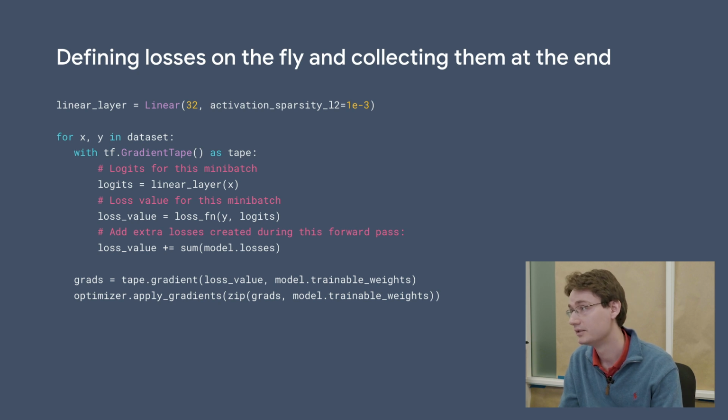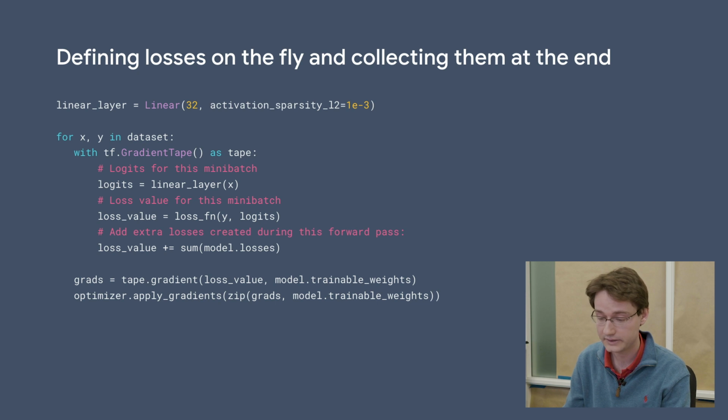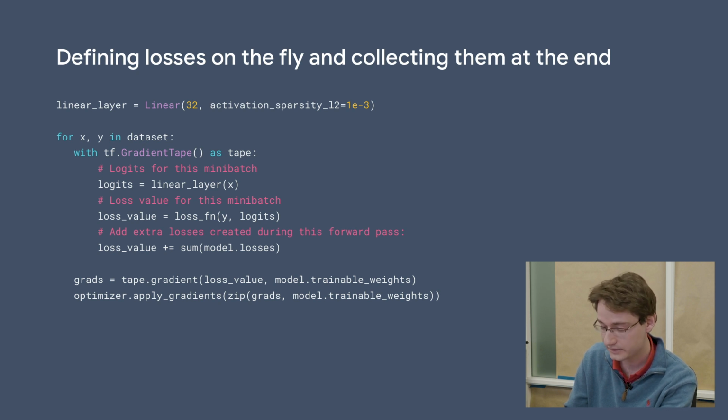Can you explain? Yeah, sure. Basically, it's called at the end of underscore call for the outer container, and it's called recursively. So it's going to clear the losses of all the inner layers.